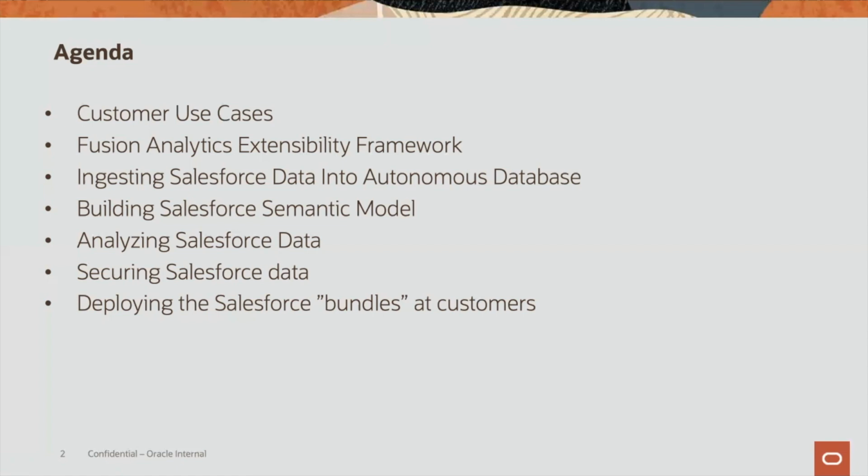We've seen how to leverage OAC to create visualizations on the subject areas created by the semantic model extensions. We've seen ways to secure that data, and finally how to deploy the bundle at customers.